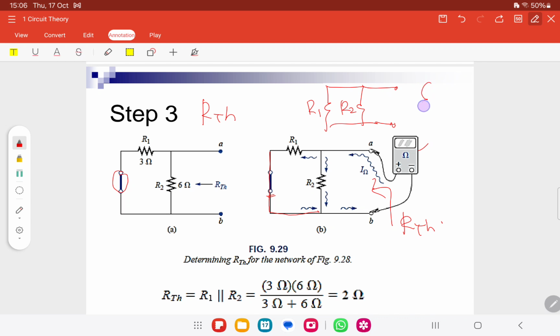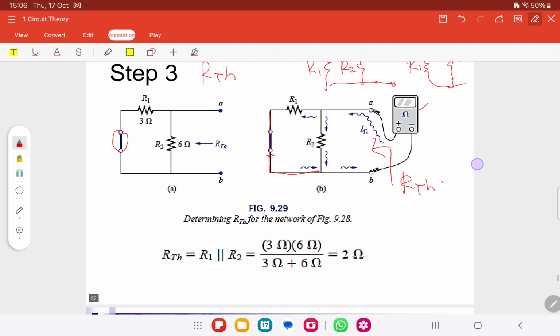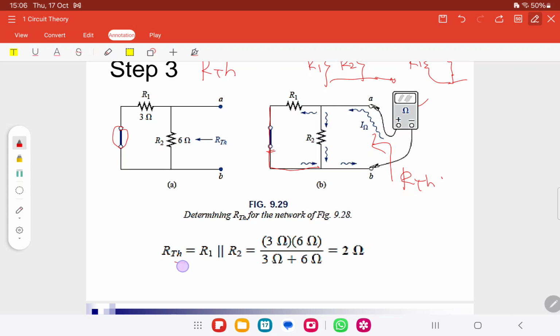Nak lukis macam ni pun boleh. Sama je kan? R1, R2. Sama not? Okay? So, this is for RTH.